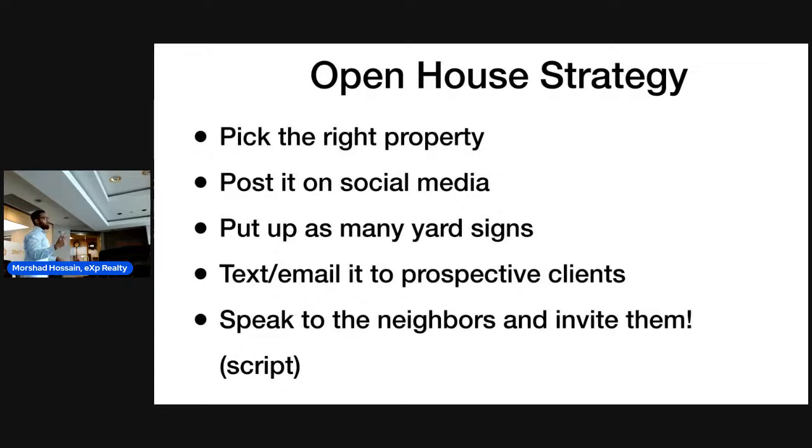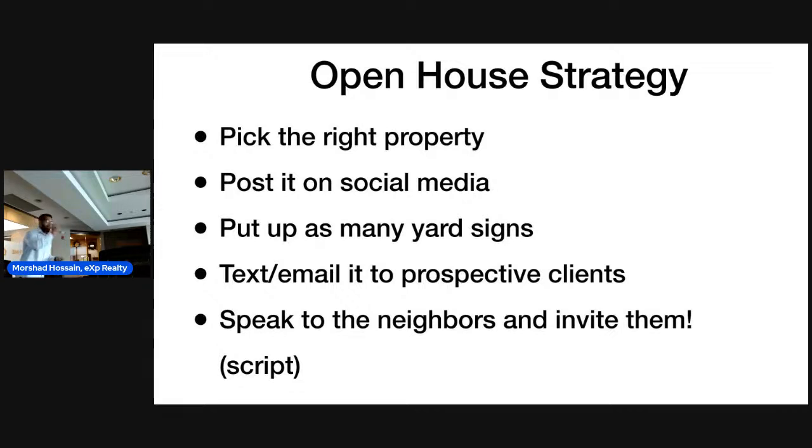You don't want to do an open house on a property that's been sitting on the market for 85 days. You want to do an open house on a property that's new on the market, in great condition, great location, in the price range you want to do more business in, right?